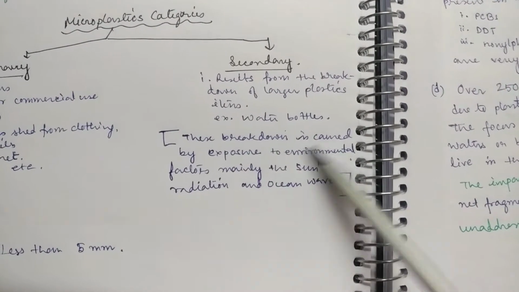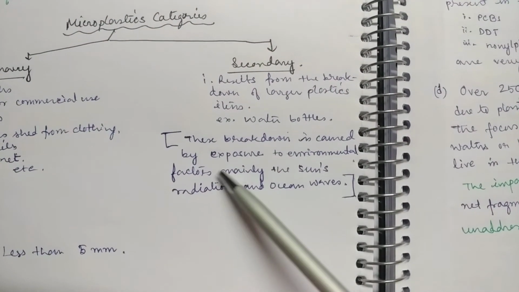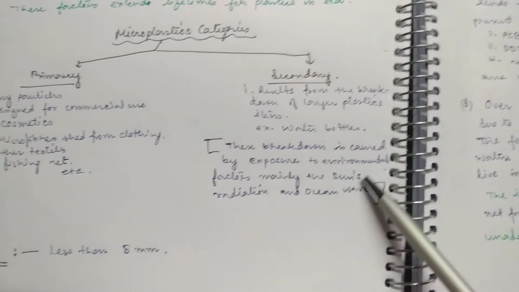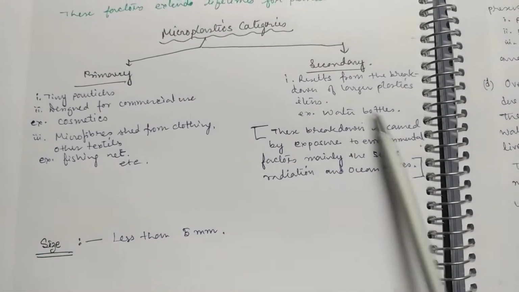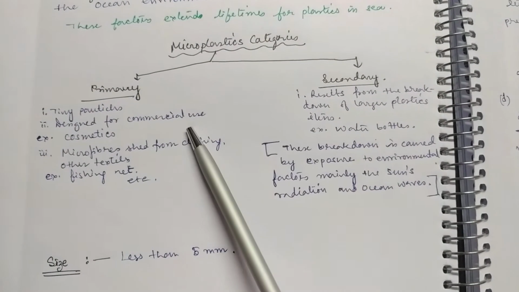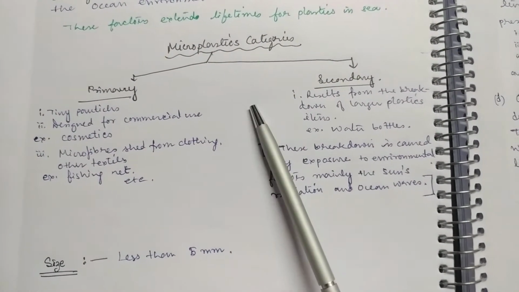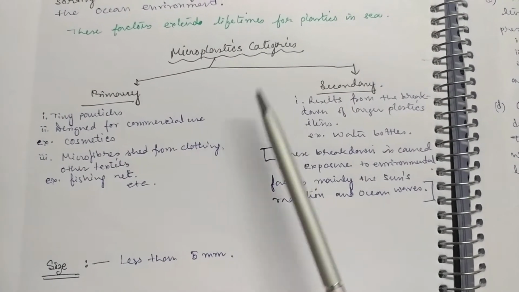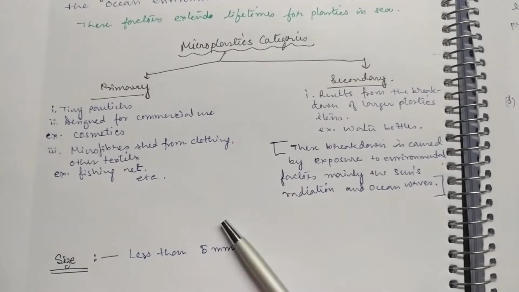This breakdown is caused by exposure to environmental factors, mainly the sun's radiation and ocean waves. So here we get to know how plastics change to microplastics, as breakdown plastics in the range of less than 5 millimeter.